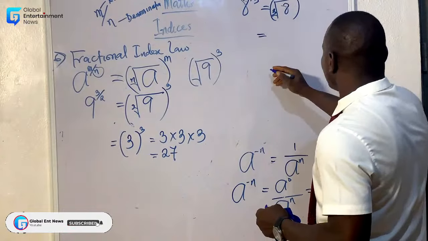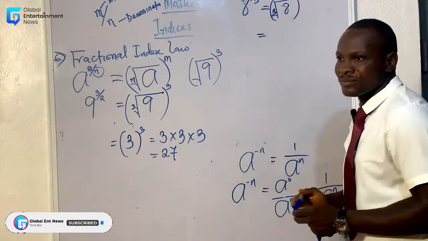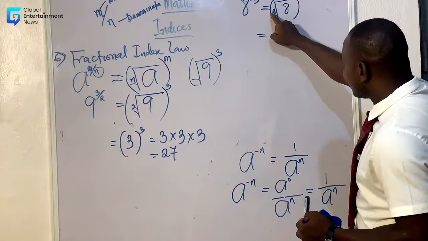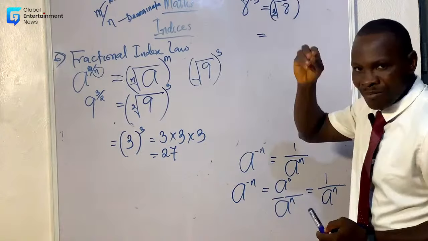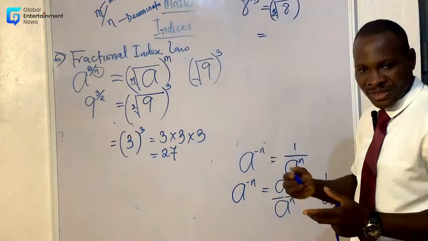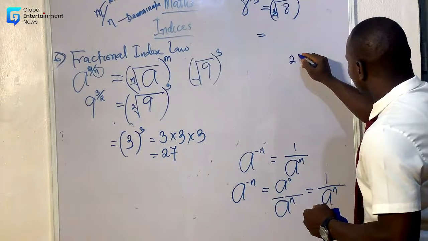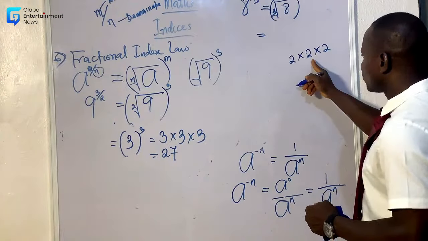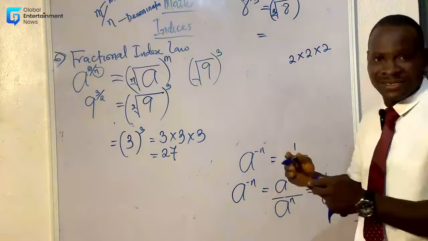With this now, what number do we multiply 3 times that will give us 8? Okay, 2, yes. So we have 2 times 2 times 2. 2 times 2 is 4, and 4 times 2 is 8.